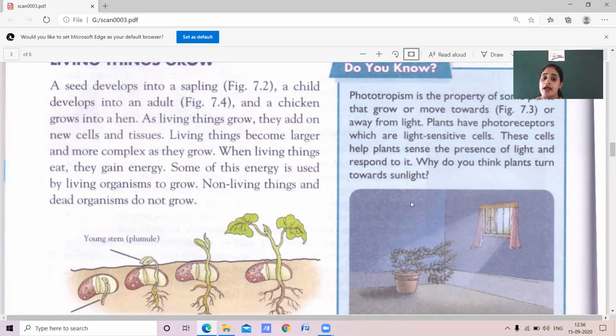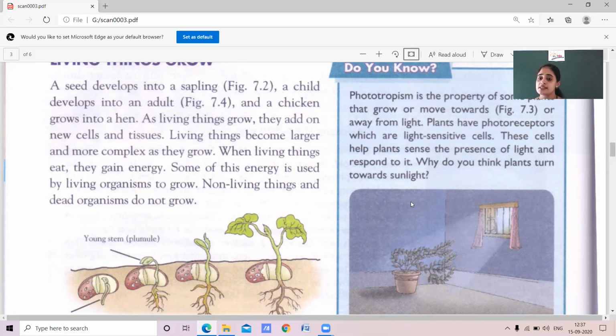As living organisms grow, they add new cells and tissues. Here, the number of cells increases, and that leads to an increase in tissues. When living things eat, they gain energy. Some of this energy is used by living organisms to grow. This is a true fact, isn't it?